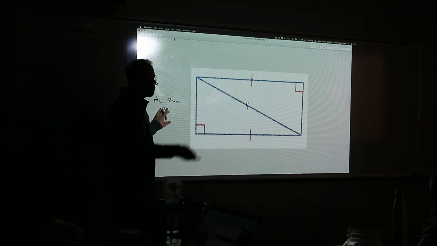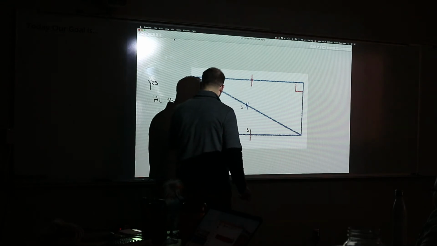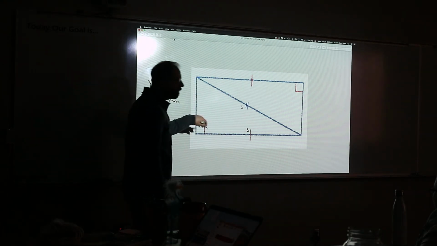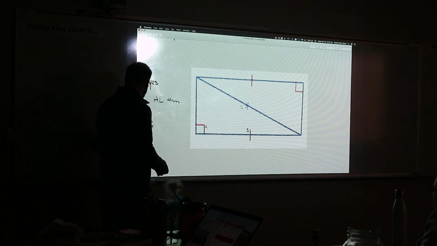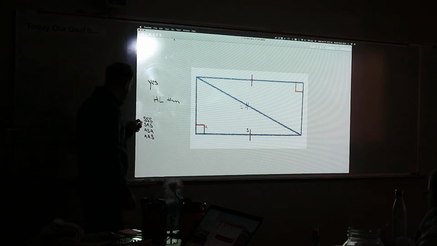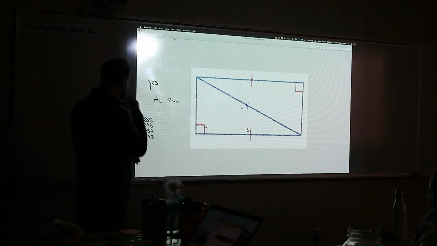Now, the bad part is, doing the acronym here, side, angle, right? We don't have that as one of our four acronyms. These are our four acronyms, right? It kind of looks like this one, but it's not, because the angle's not in between the two walls.